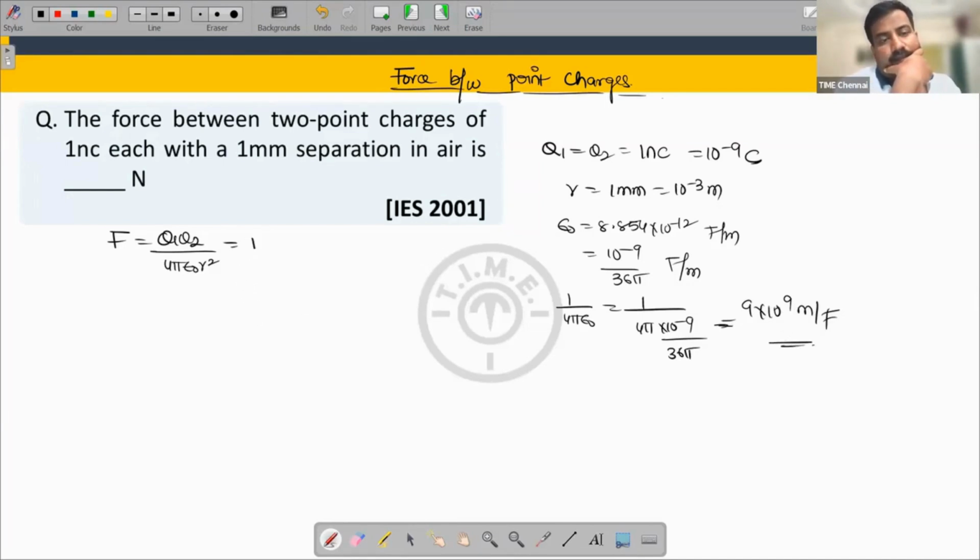Q1 is 10 power minus 9, Q2 is 10 power minus 9, R square is 10 power minus 3 whole square.